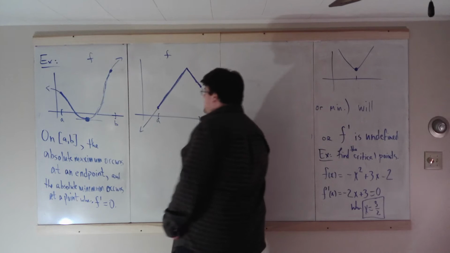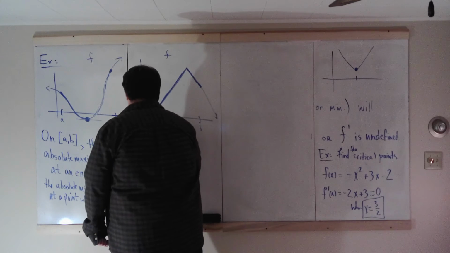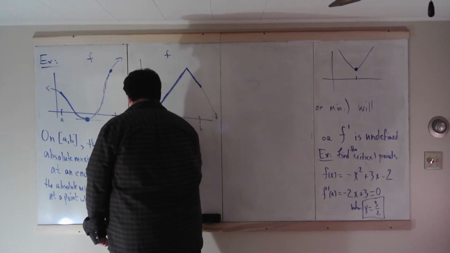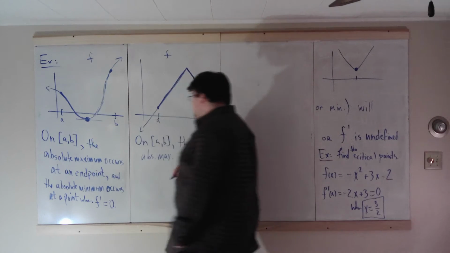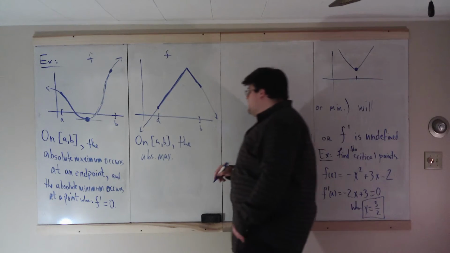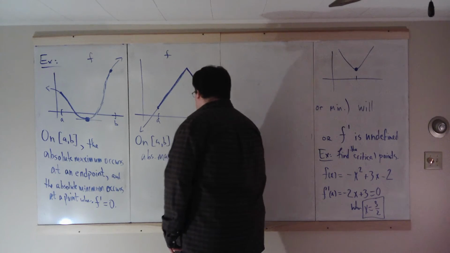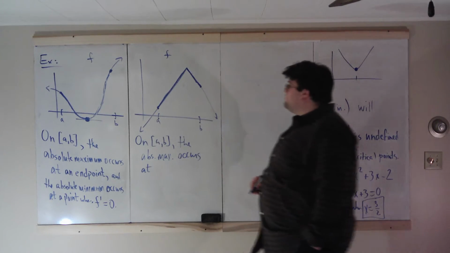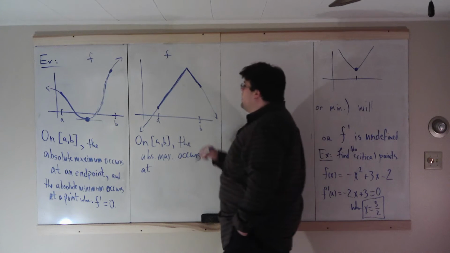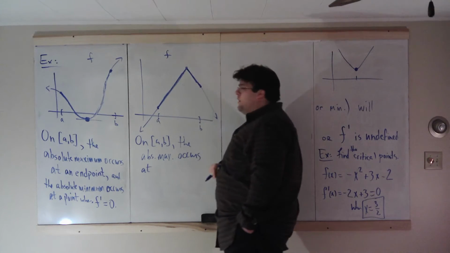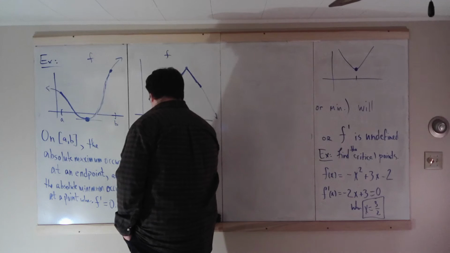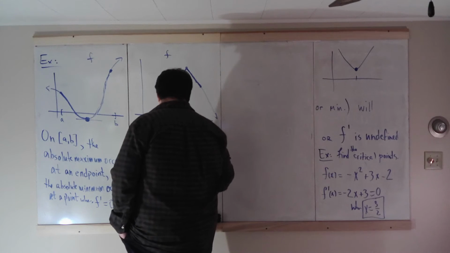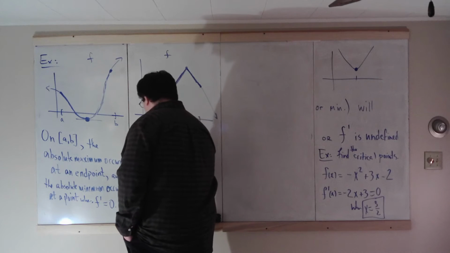What about in this next graph? Well, again, we're going to look at A to B. On A to B, the absolute maximum, abbreviation abs max, occurs where? Where's the largest y value? Well, the largest y value is now up here at a corner. So it occurs at a point where f prime is undefined.